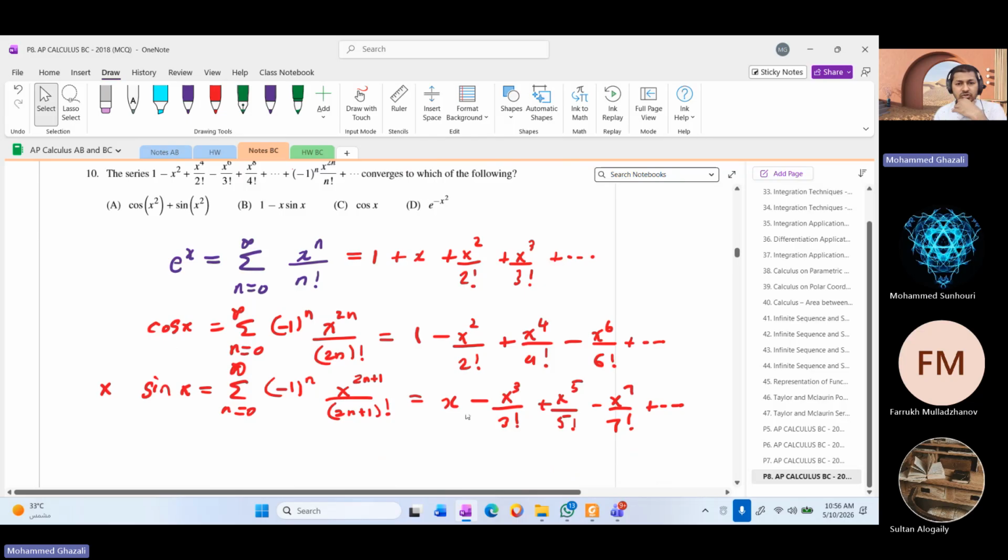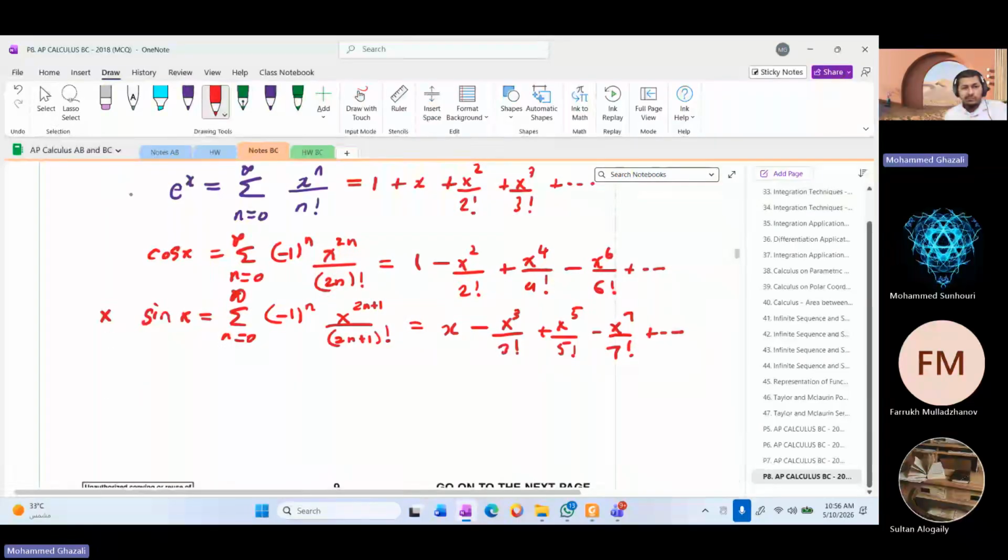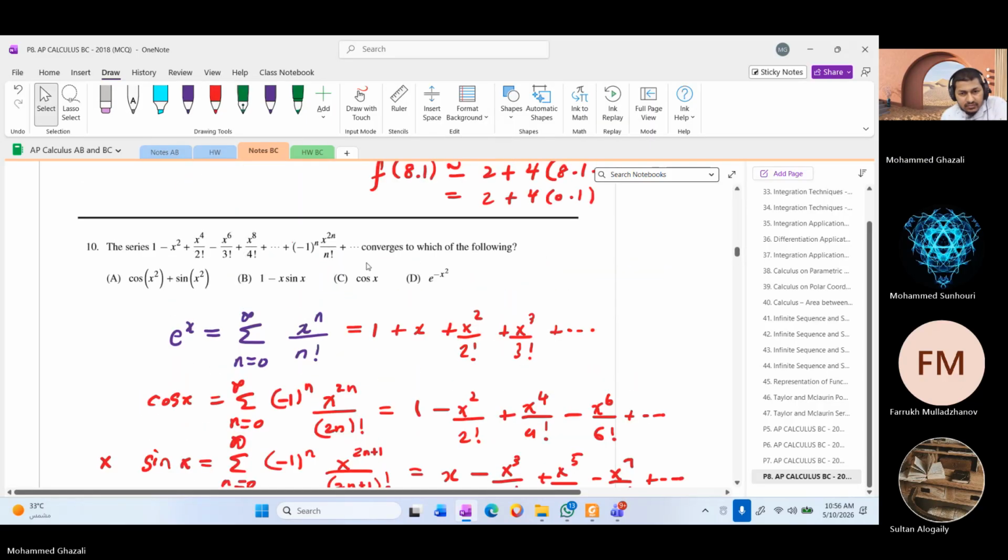So let's substitute into the e to the power x function. In the e to the power x function, if I substitute e to the power negative x squared, so x becomes negative x squared, all right? We need to check because we don't know whether the answer is A or B or C or D. We're checking.